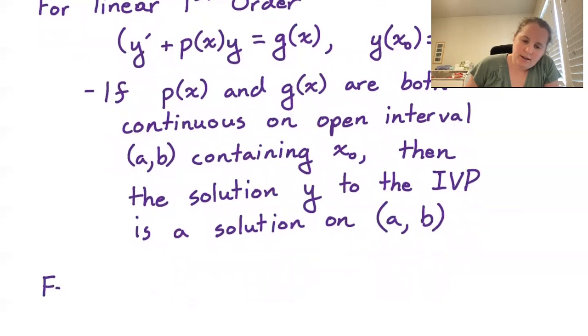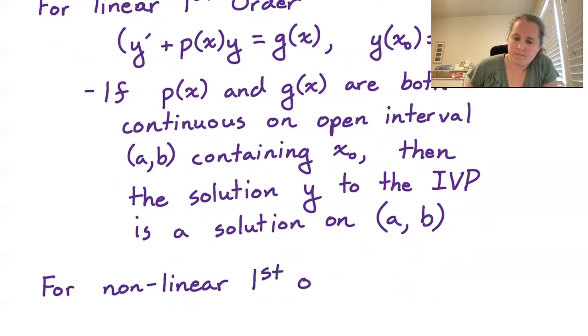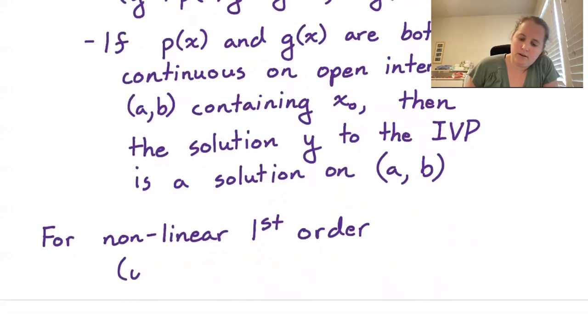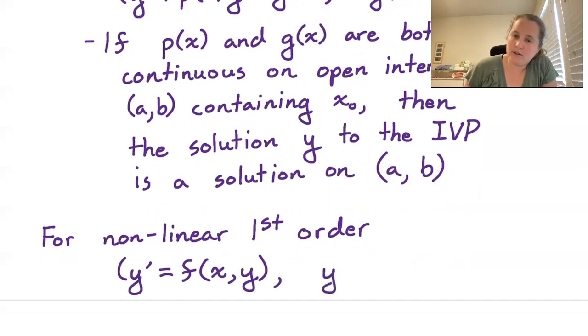So for nonlinear first order, again, y prime equaling f of x, y with initial condition y of x naught is equal to y naught.